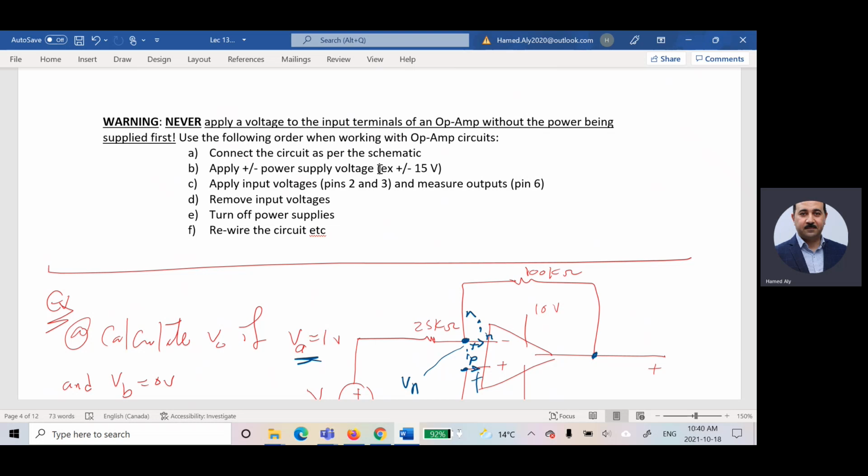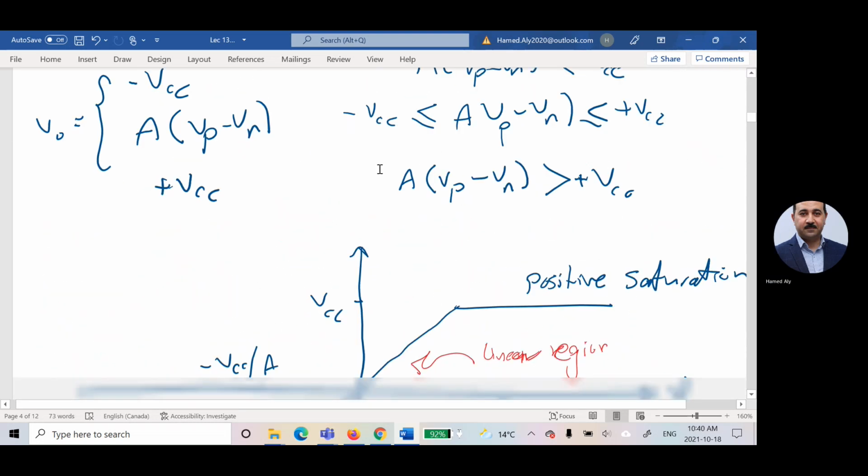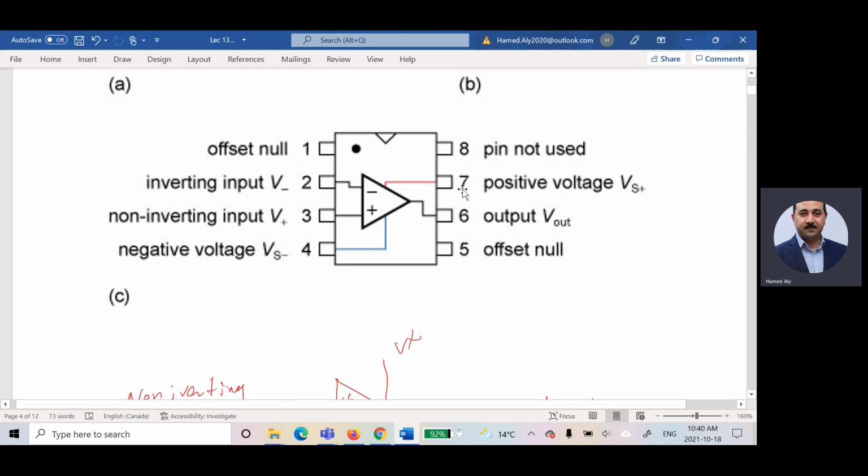So I am not disconnecting first the power supply connected between pin number 7 and pin number 4. I disconnect first the input voltage to pin 2 and pin 3, and after that I disconnect the power supply to pin 4 and 7.